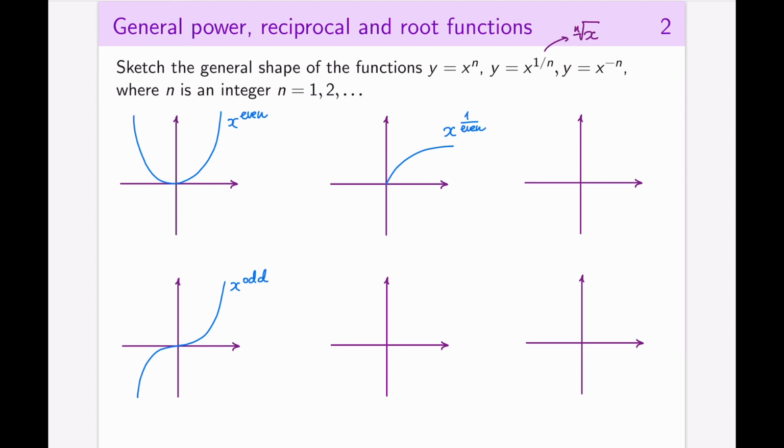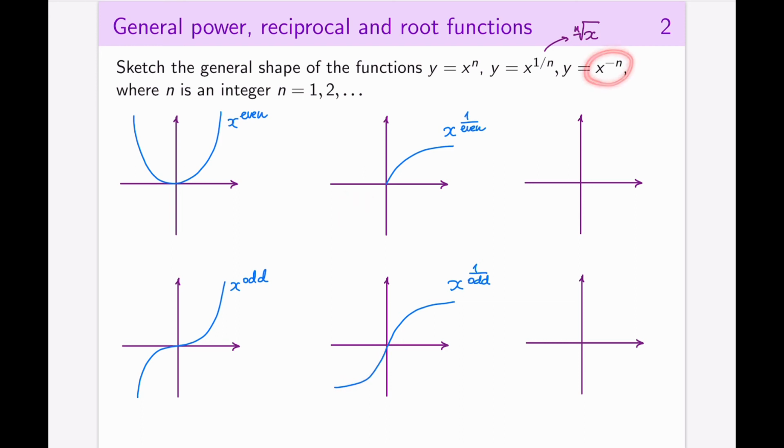If I have an odd number, then this entire snaky shape will actually get flipped, and I will have the full graph because I can take roots of odd power of negative numbers, so my graph will also exist in the negative, where it does not for the even roots.